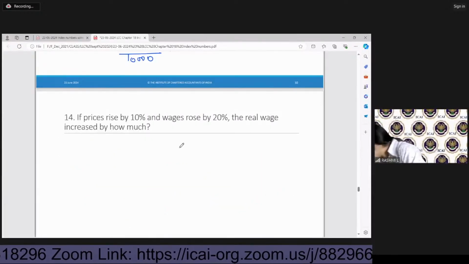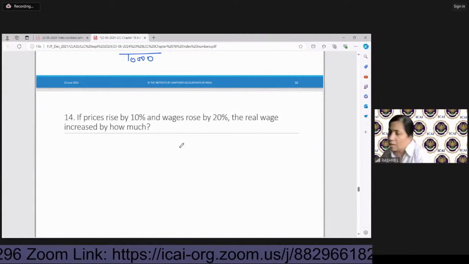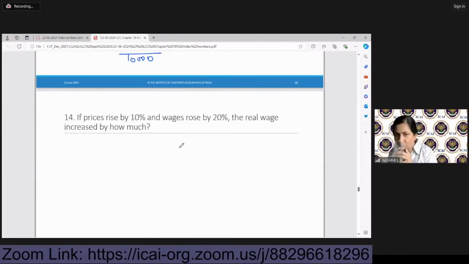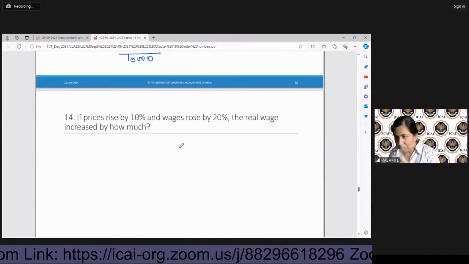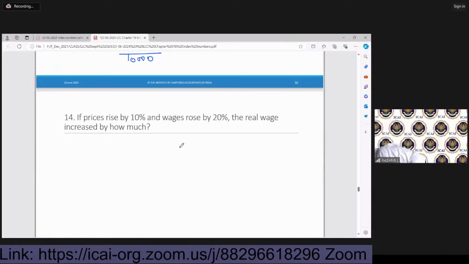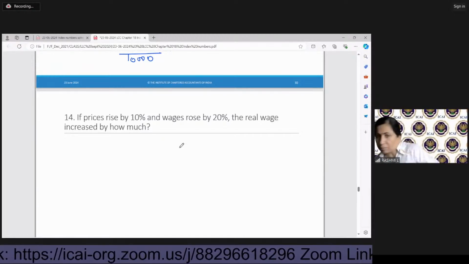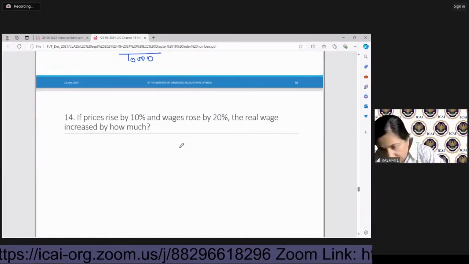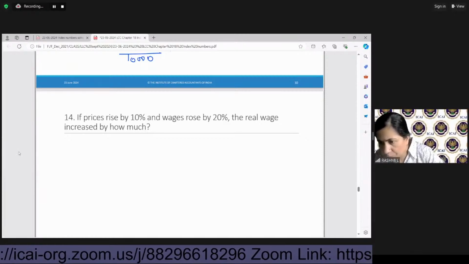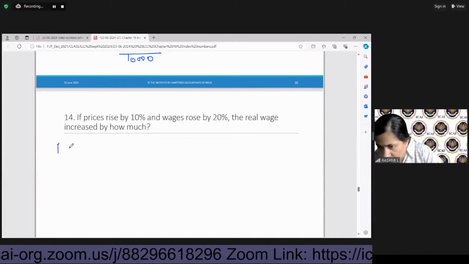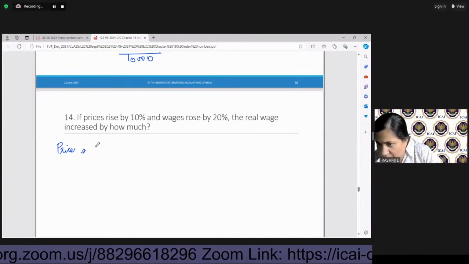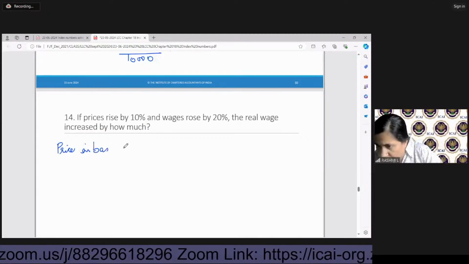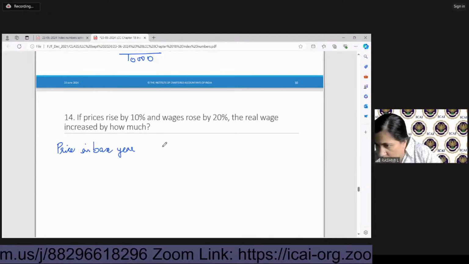If the price rises by 10% and wages rose by 20%, price in base year is equal to 100.